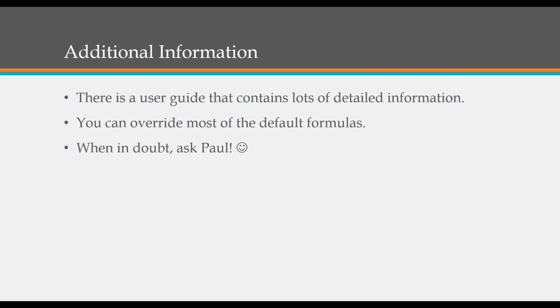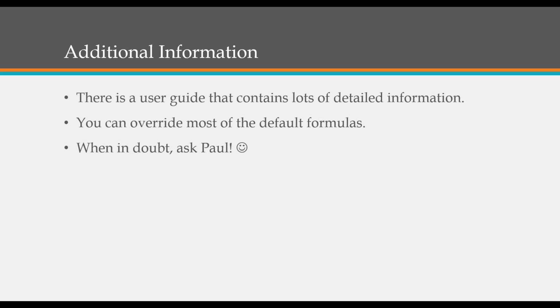And then just some additional information to note is there's a user guide that's contained in this model, and it gives a lot of the detail as far as how they came up with the different formulas, what's being used. So a lot of times we may ask, what is the depreciation schedule for the equipment?